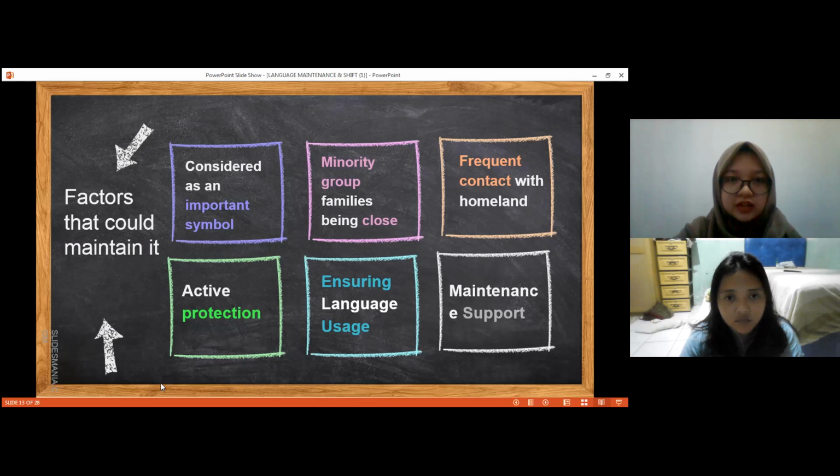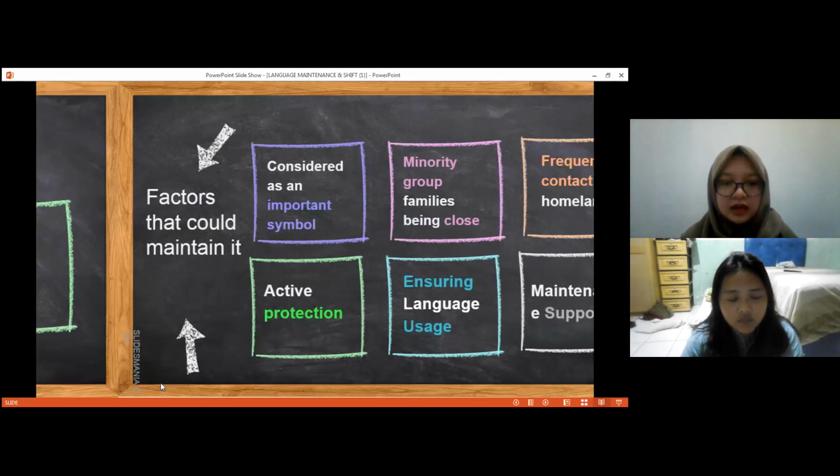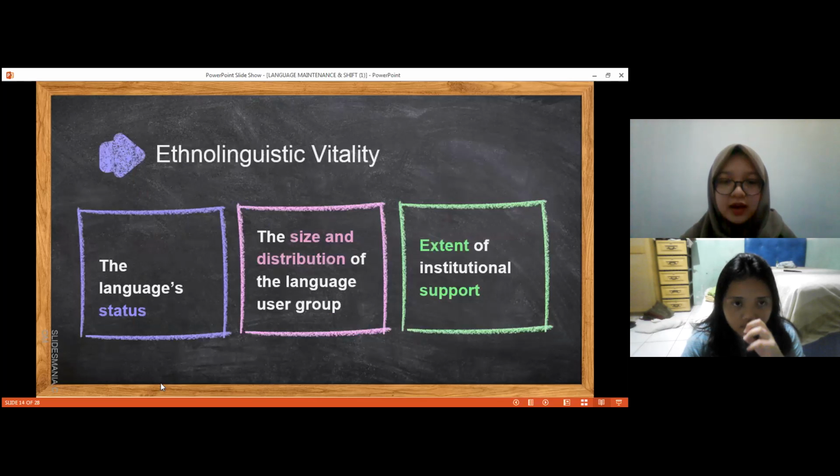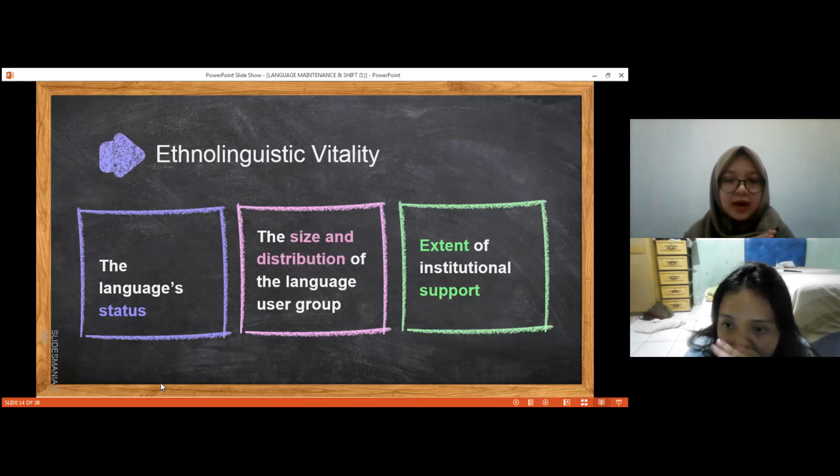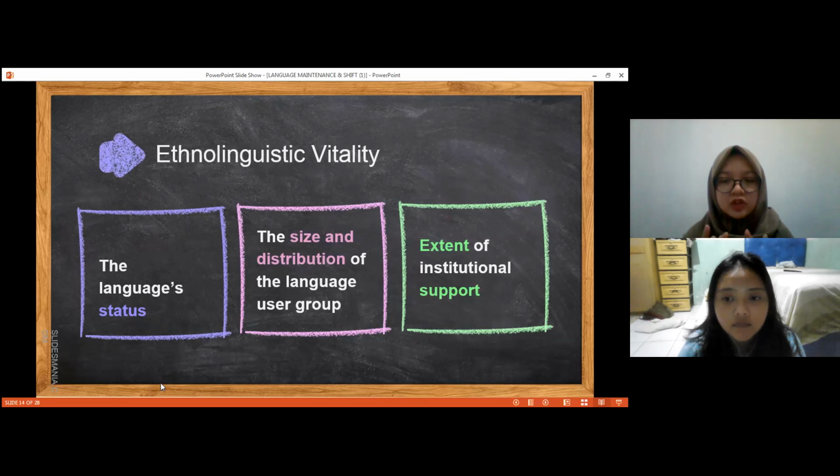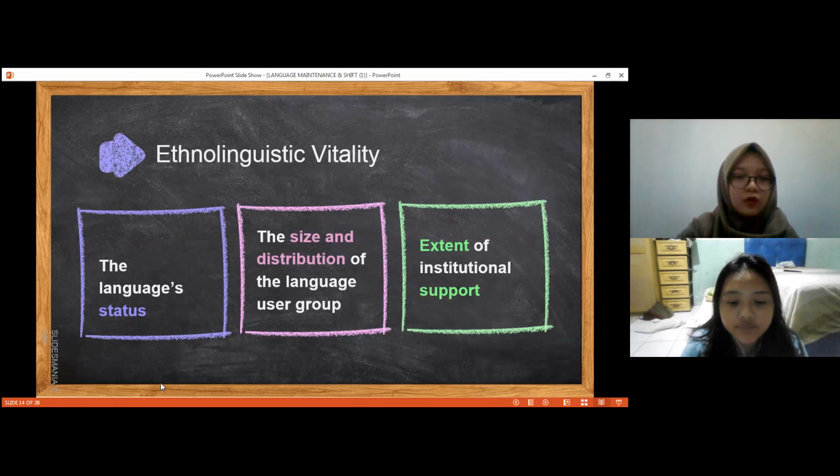Then there's ethnolinguistic vitality. Howard Giles and his colleagues suggest that we can predict the likelihood that a language will be maintained by measuring its ethnolinguistic vitality. Three components are involved. The first one is the status of the language as indicated by attitudes towards it.